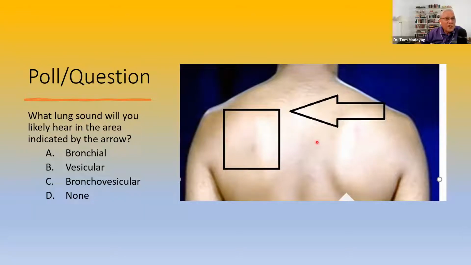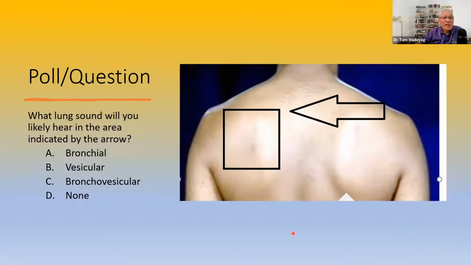So these areas over the scapulae are supposed to be omitted in performing a posterior lung assessment. Please remember that when we listen to breath sounds, we only try to access those parts of the lungs that are not covered by a big, thick bone.